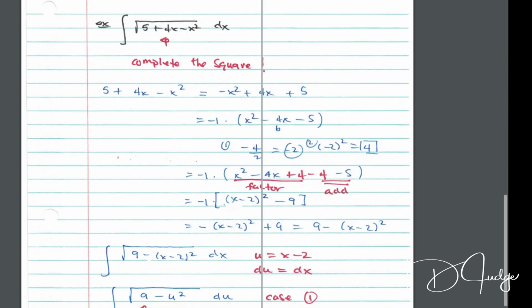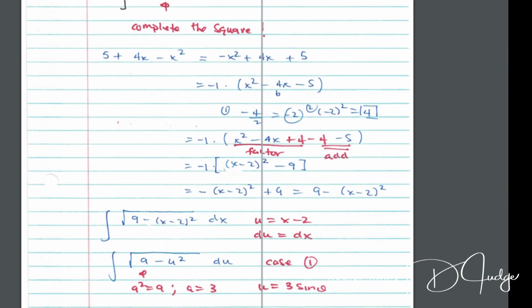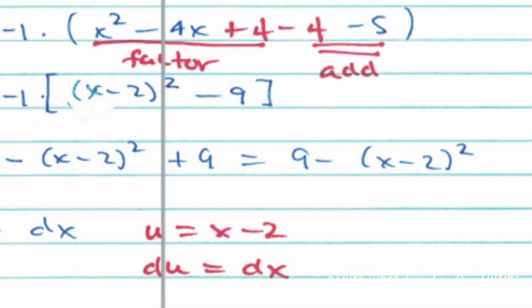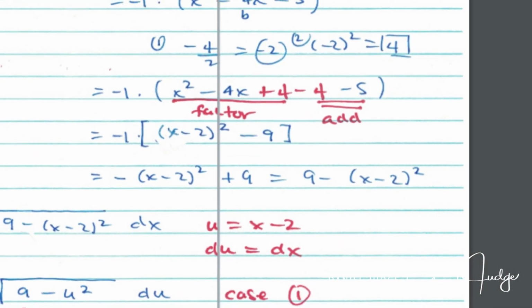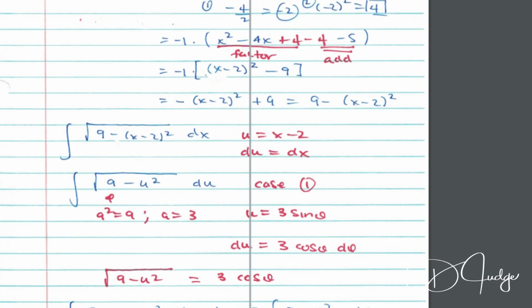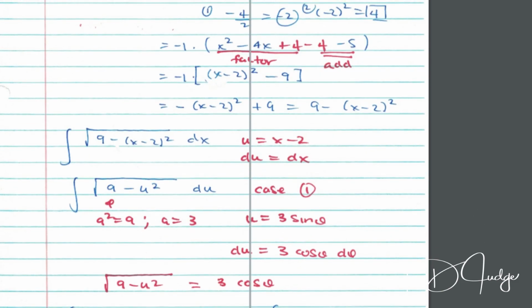And as you can see, what it really becomes is 9 minus, in parentheses, x minus 2 squared. So going through the same exact process, we get an integral where you have to use trig substitution, and it turns out it's case 1 there.